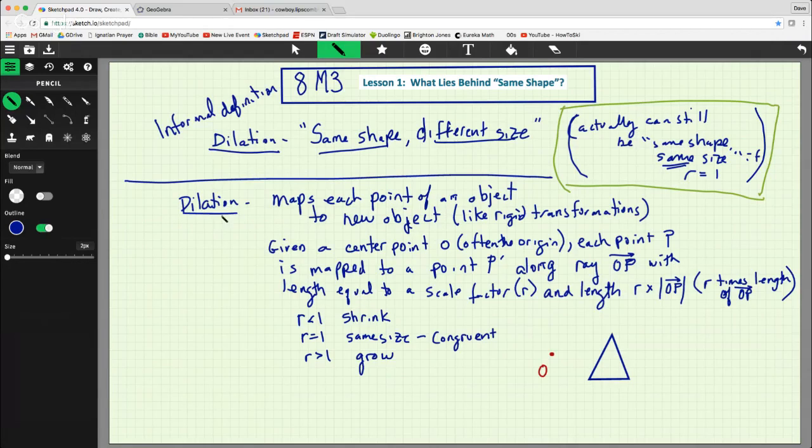So a more formal definition of a dilation is when you take an object like this triangle and map each point of this object to a new object.